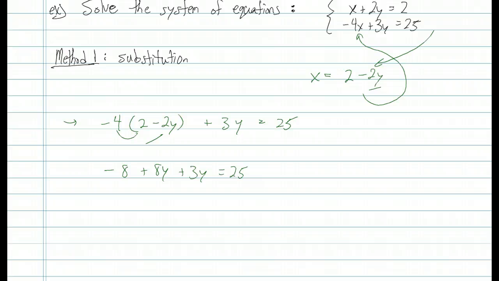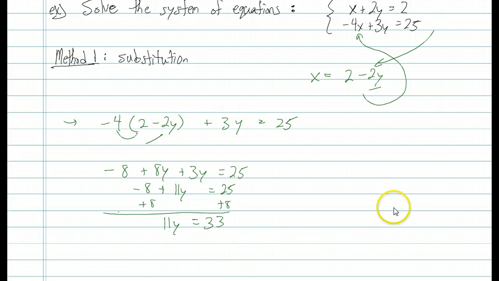Combining like terms, we get negative 8 plus 11y equals 25. And then we do the usual when solving linear equations. We isolate the variable, adding 8 to each side to get 11y equals 33. Divide both sides by 11, and we get the y-coordinate of our intersection point, which is y equals 3.